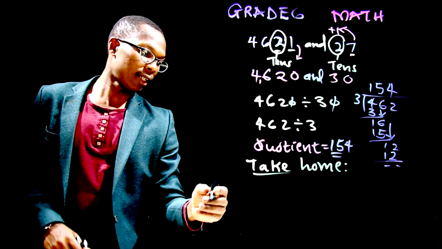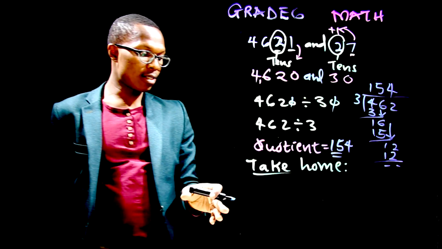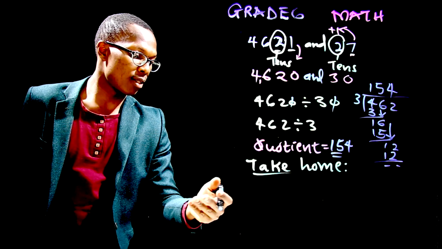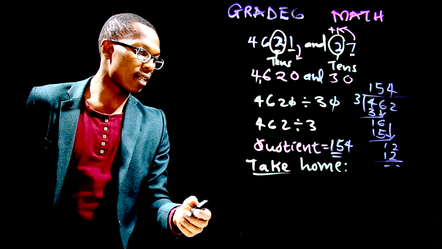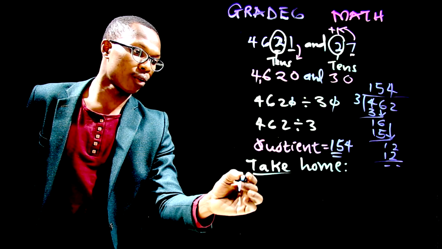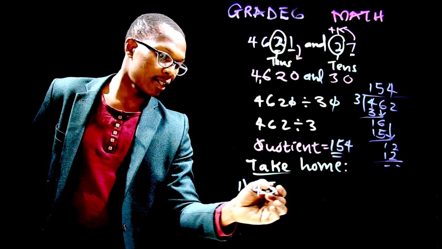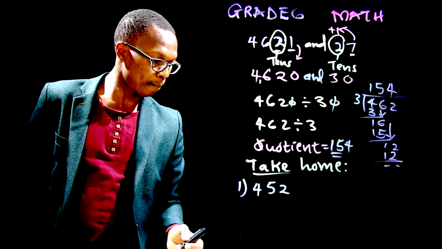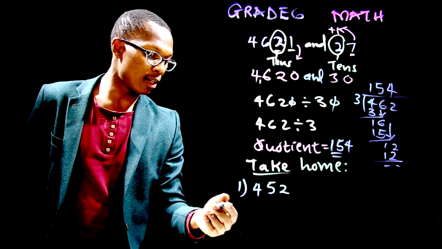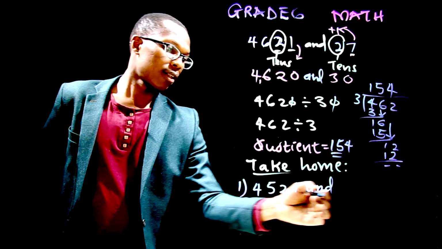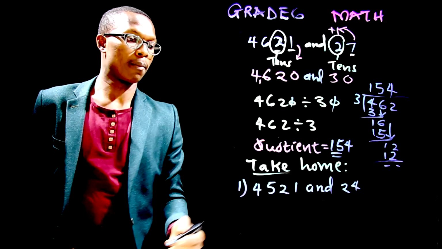So number 1, I want you to round off this to the nearest 10, yeah? So you find the estimate of the quotient by rounding off to the nearest tens. So here, number 1, we have 4,521 and 24. So these are two numbers, yeah?